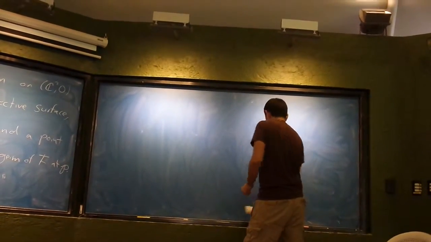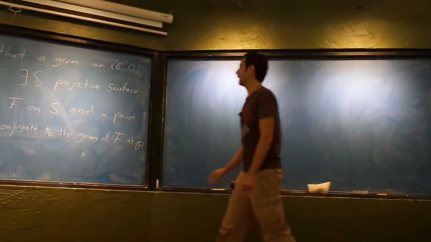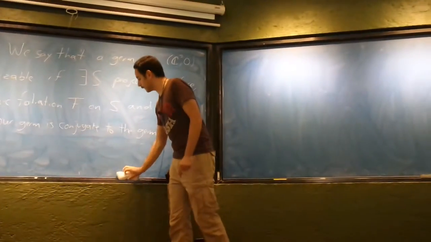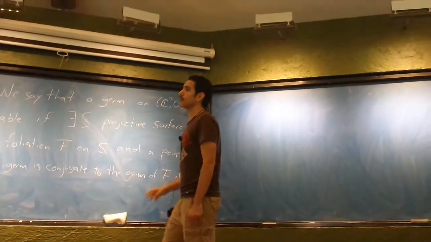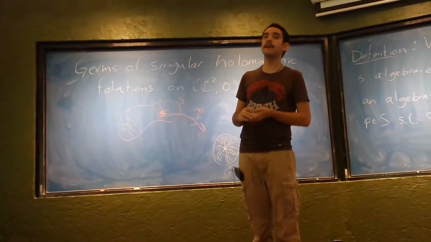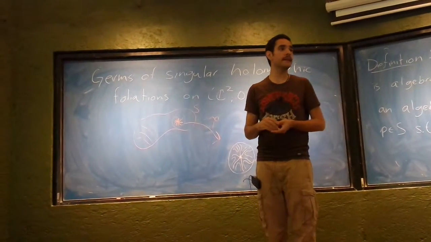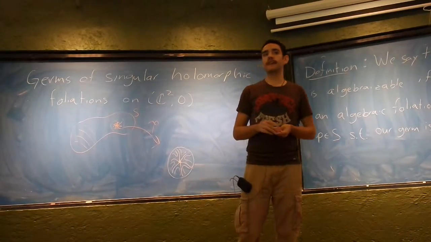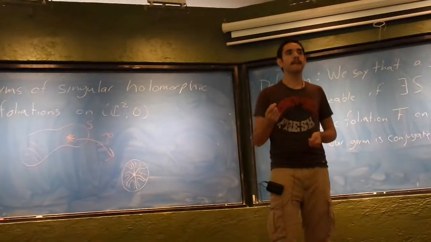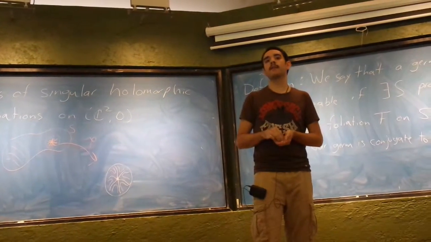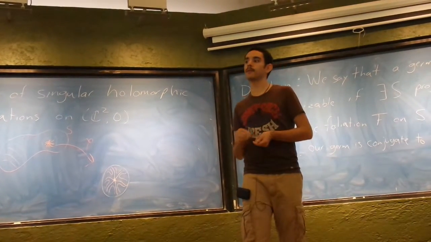Okay, so a classical result in this direction is that for foliations given by a one form which have a very nice linear part, say a generic linear part, we can always choose an analytic change of coordinates in which the foliation is given by a linear one form. We say that the one form is linearizable.